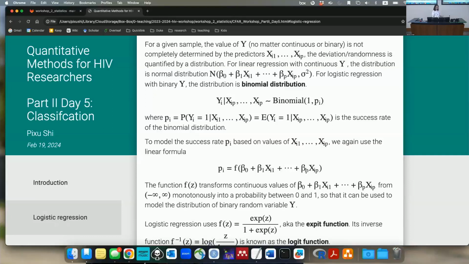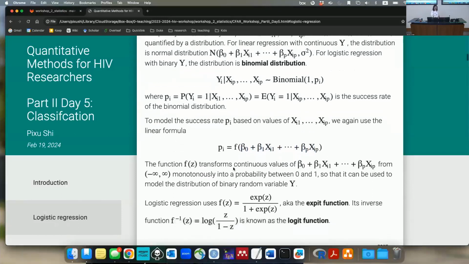You're only determining it up to a probability. So given the age, the risk factors, the IgG level of the patient, you're going to calculate a risk score and then transform this risk score into a probability through a function f.